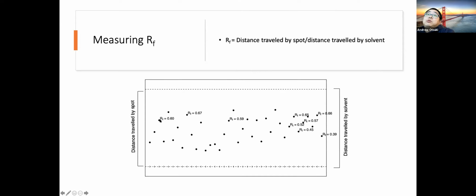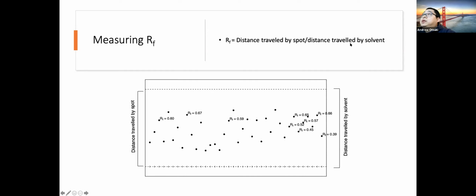So this will be a high RF, meaning it travels high up the plate, whereas down here is a low RF value, so it didn't travel as far up the plate. So the two distances you want to consider are this distance here to the spot, and on the denominator is the distance traveled by the solvent.